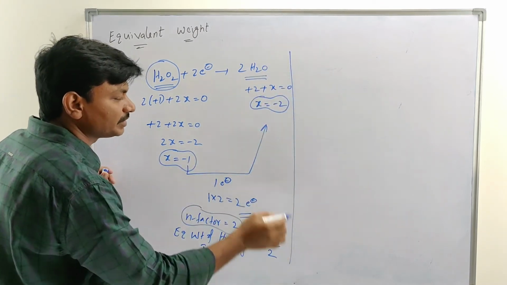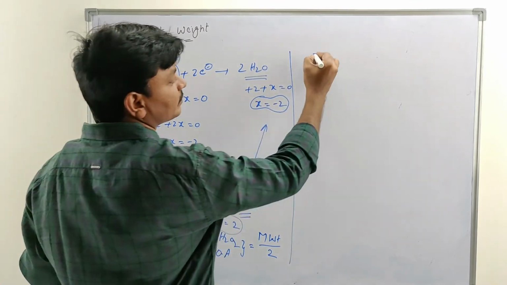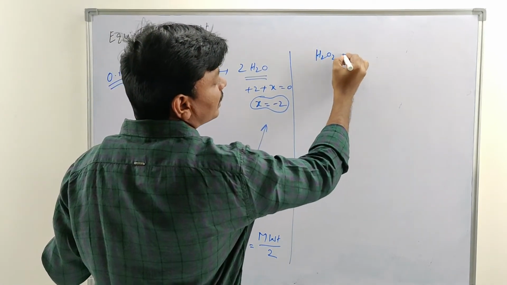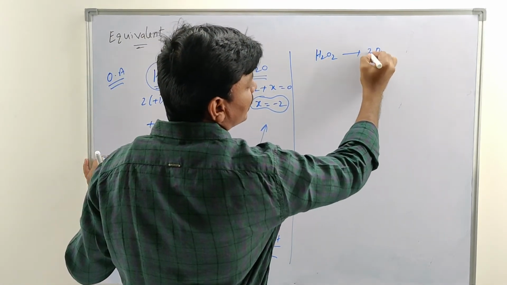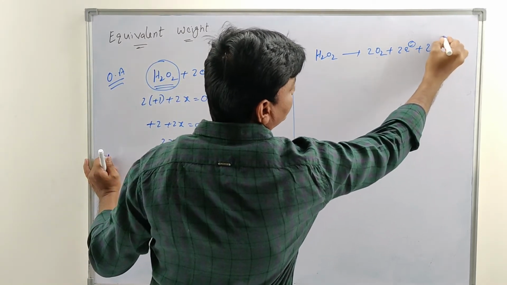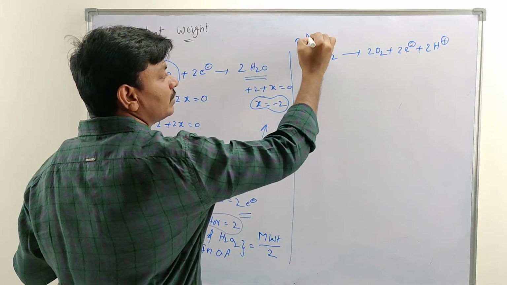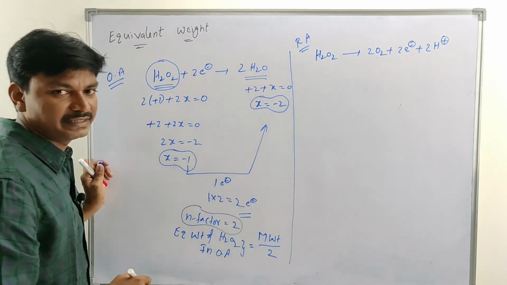Next, if H2O2 is involved in reducing agent reactions, that is H2O2 gives rise to O2 plus 2 electrons plus 2 H plus ions. Here H2O2 is involved in reducing agent reactions.